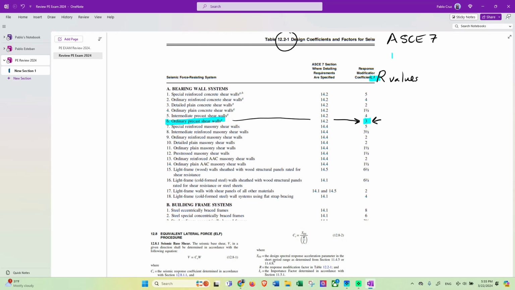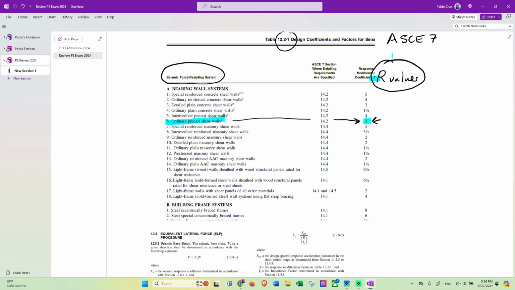So here in ASCE 7, on Table 12.2-1, we have the design coefficients and factors for seismic force-resisting systems, the response modification coefficient, or R values. We know this as R values. We have all different values here, but I used a copy and paste from ASCE 7, the seismic force-resisting system, the first one that we have in this Table 12.2-1.